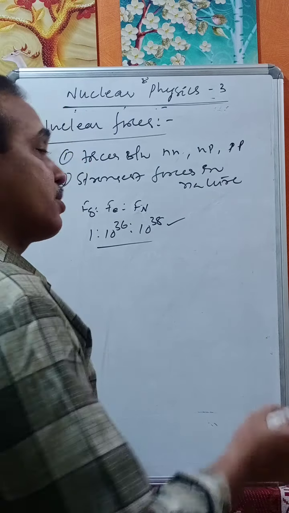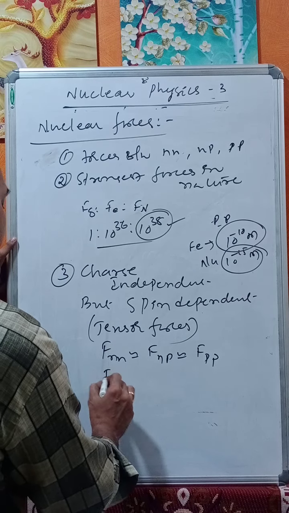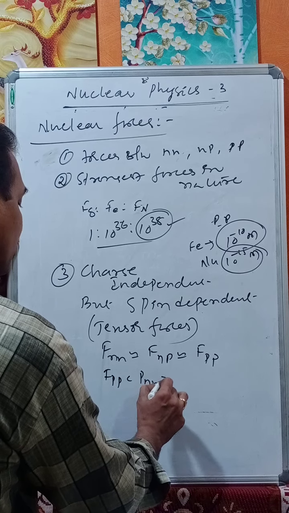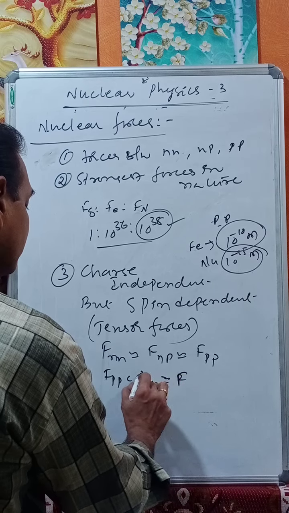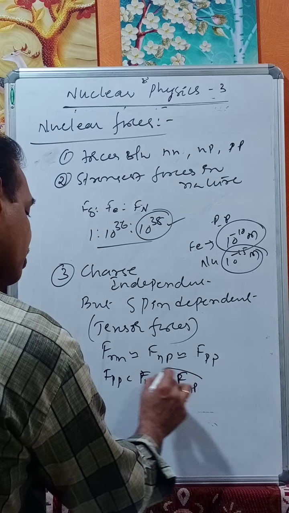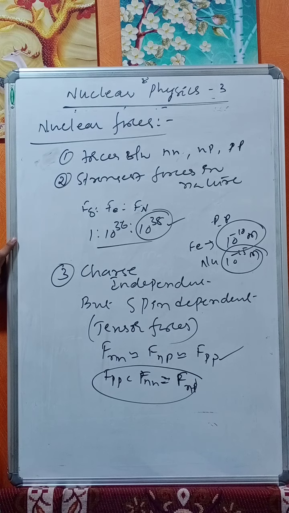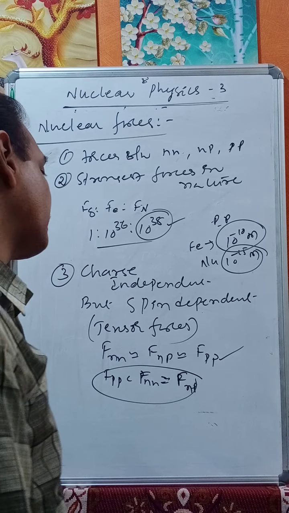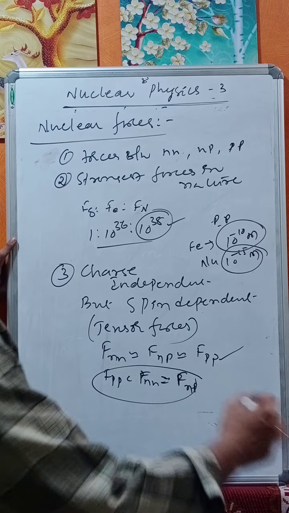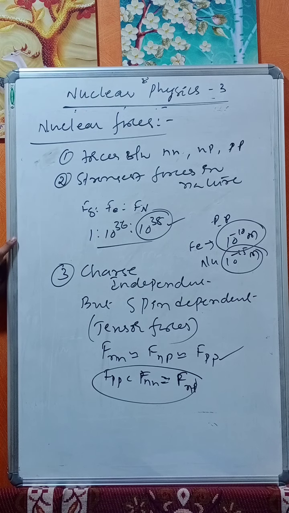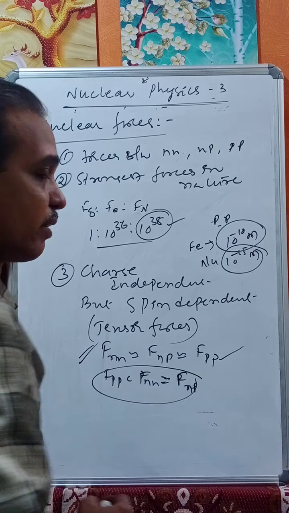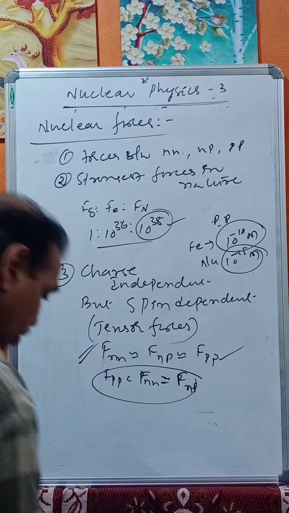Therefore, force between neutron and neutron approximately equals force between neutron and proton approximately equals force between proton and proton. These are almost equivalent forces, but strictly we can write Fpp is less than Fnp, approximately equal to Fnn. Generally we use all the forces as equal: Fnn equals Fnp equals Fpp. But strictly speaking, Fpp is less than Fnp, which is less than or equal to Fnn. But most of the books give it like this only, so we can go with that.